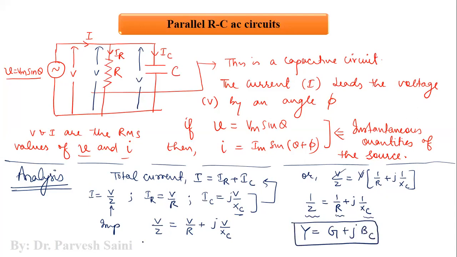So BC is the capacitive susceptance, and the unit of this is also the same as that of Y and G. Now, the given diagram can also be drawn in terms of G and BC. So we have this one with us.